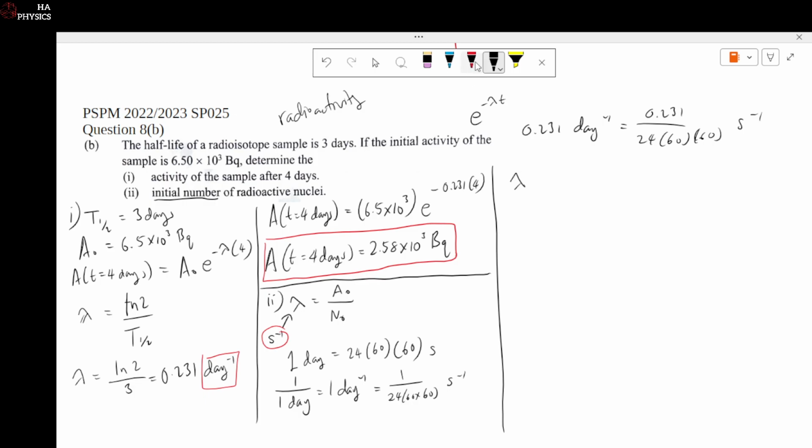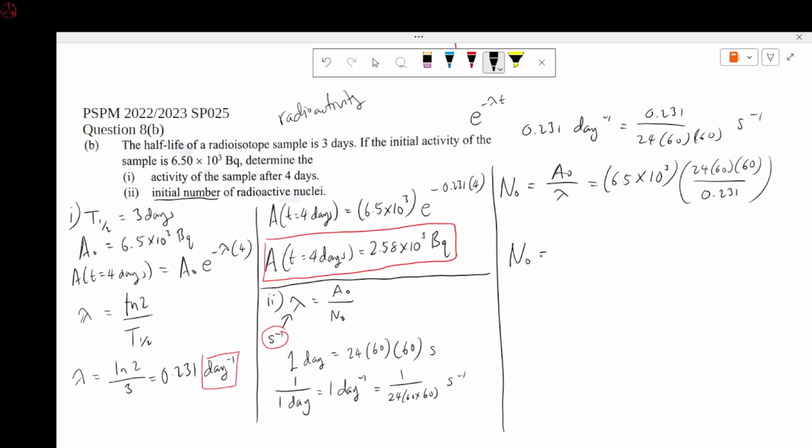Now if I rearrange the equation that we had, I'll have N naught equals A naught over lambda. My A naught is just 6.5 times 10 to the power of 3, and 1 over lambda is 24 times 60 times 60 over 0.231.